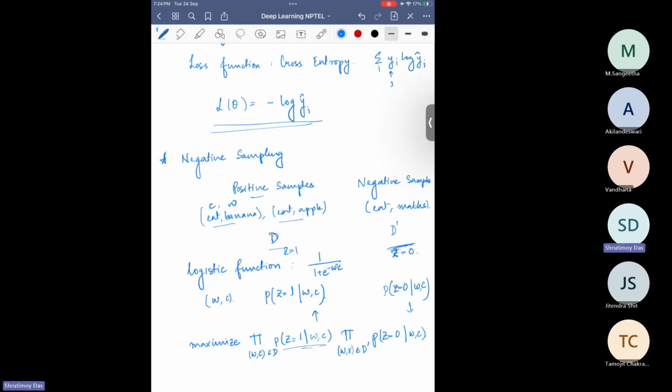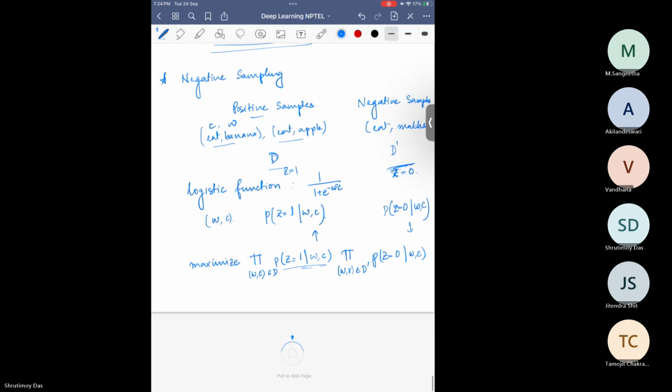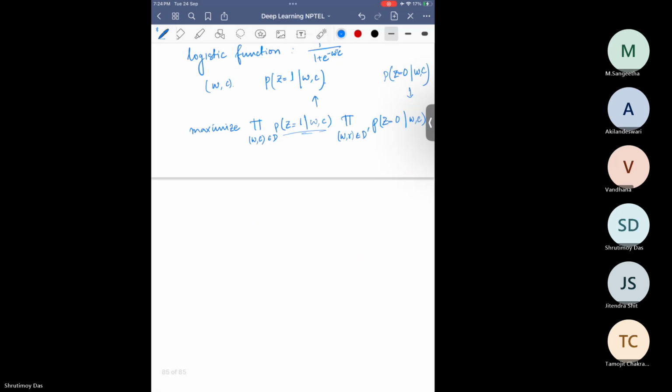The second technique that was discussed was contrastive estimation. Contrastive estimation basically says that we have two sentences.